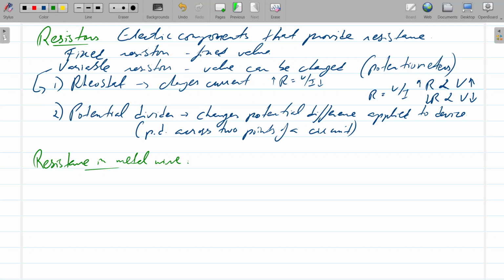So the resistance of a metal wire depends on three things. First of all, it depends on the material itself, for example, silver, copper, aluminum, whatever it is. The second, it depends on the length. The resistance increases with length.